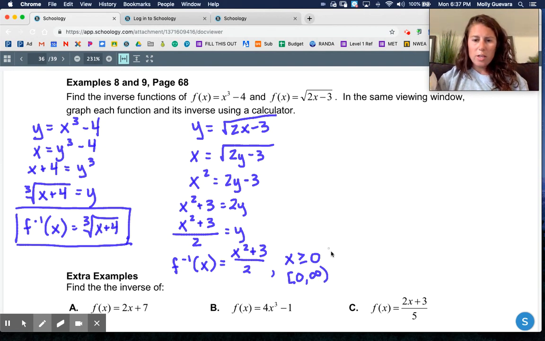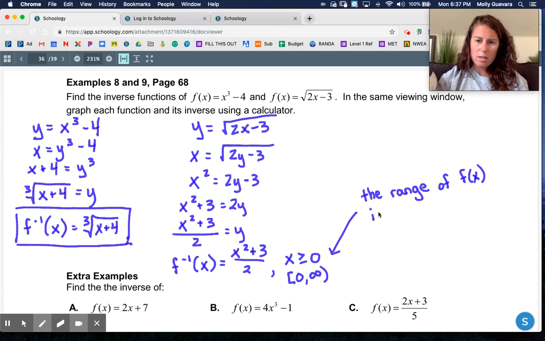So something to note here is the range. So my output of f of x is the domain of my inverse function.